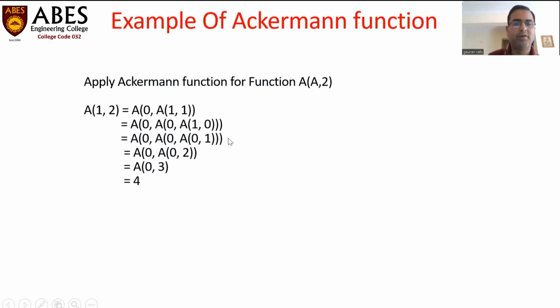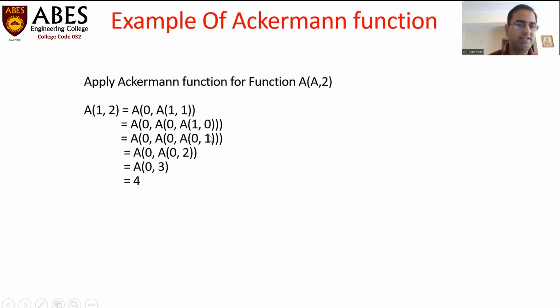Now the whole function will result in n plus 1, meaning 1 plus 1, that is 2. That's why this whole function A(0, 1) will give you the result 2.